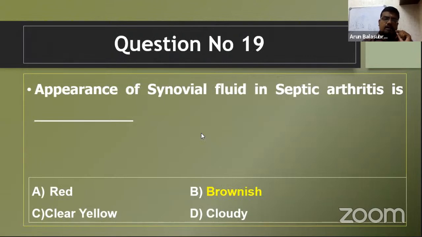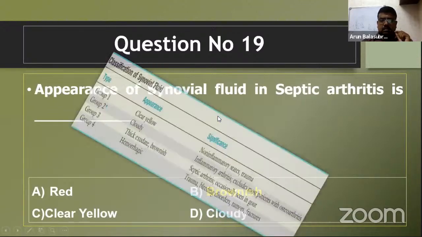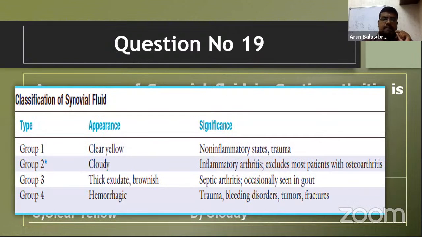When you do a lab investigation, you are able to find this classification of synovial fluid. Clear yellow is a non-inflammatory state or trauma. Group 2, cloudy, is inflammatory arthritis. Thick exudate or brown is septic arthritis, occasionally seen also in gout. Hemorrhagic is trauma, bleeding disorders, tumors, fractures.